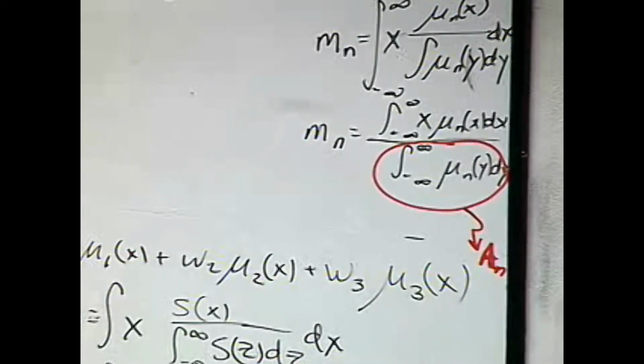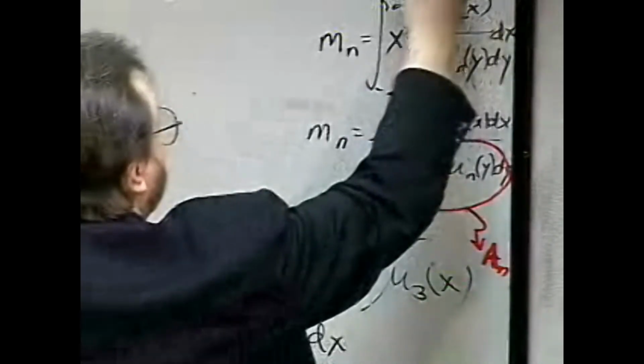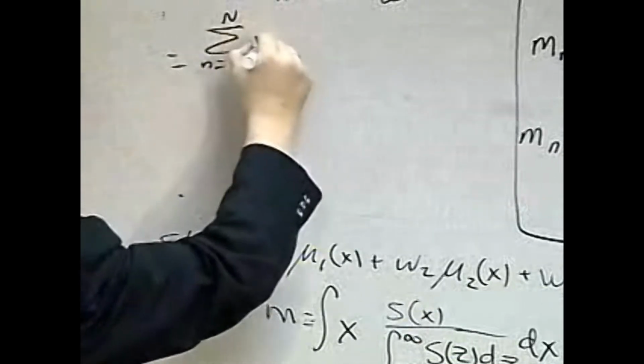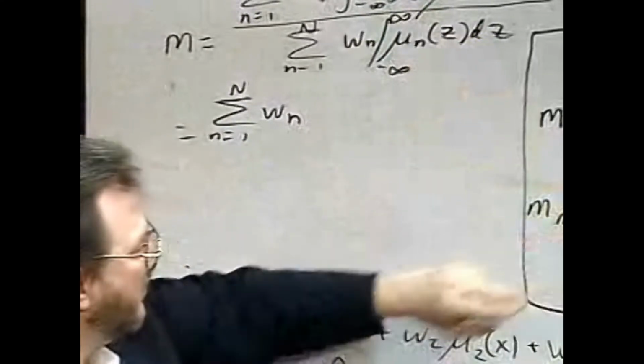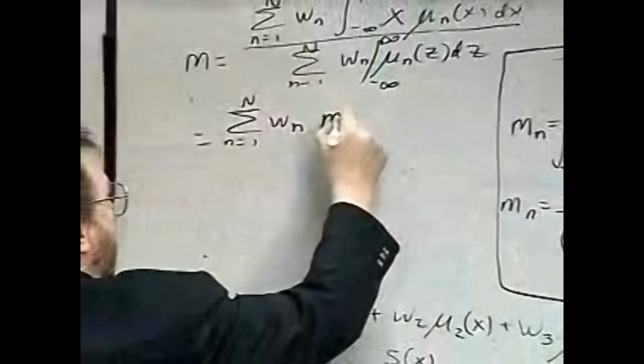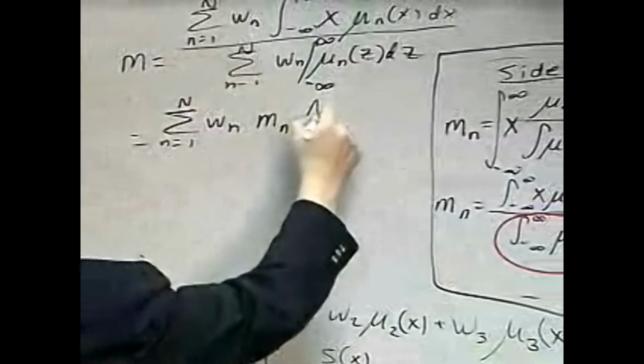So with this, we can take all of this stuff that we did on the side, and we can substitute in the numerator, and you'll notice that this other thing left in the numerator is up here, which we solve for is simply equal to m sub n times a sub n, the area of the membership function, right?